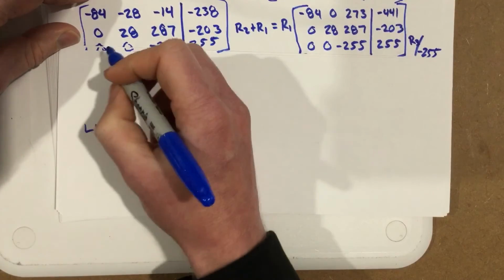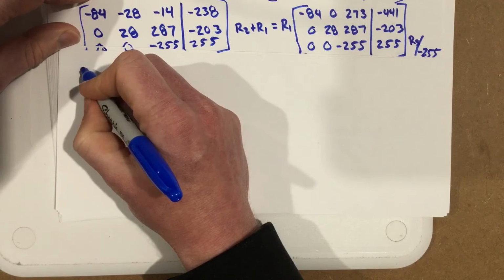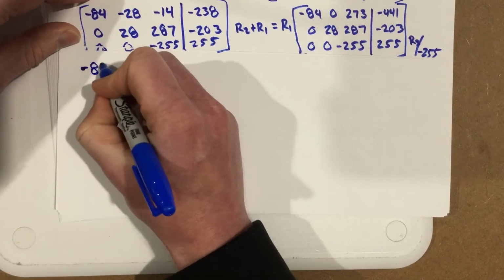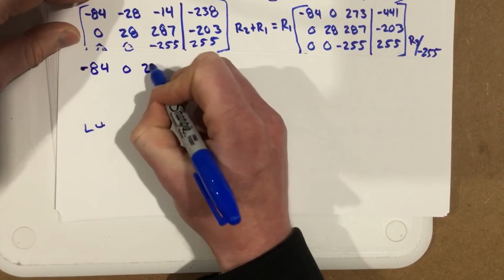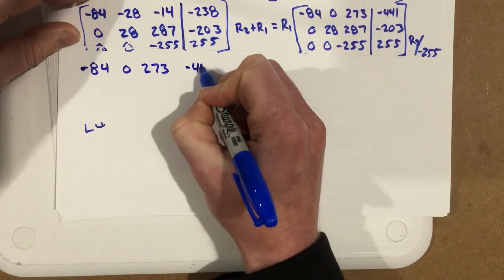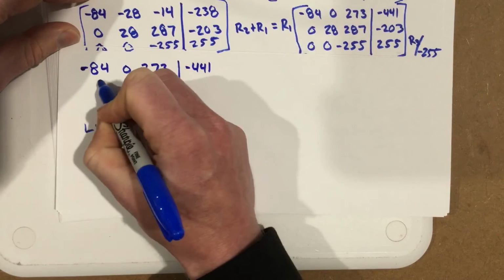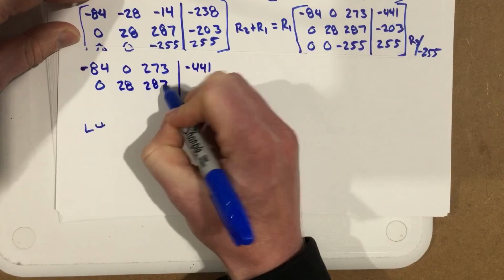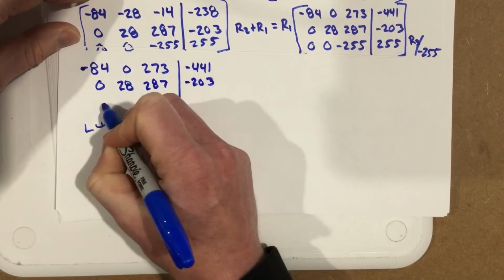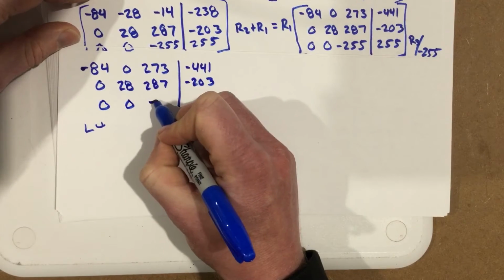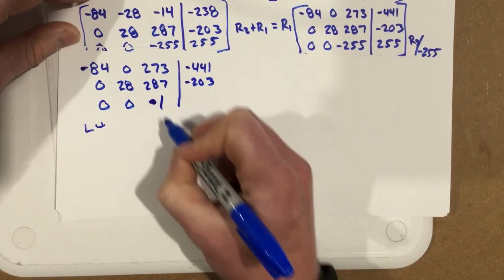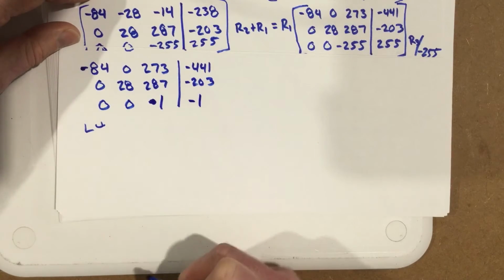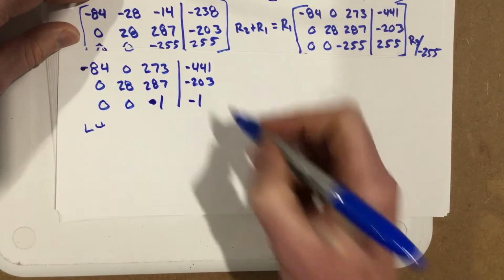That gives me negative 84, 0, 273, negative 441, 0, 28, 287, negative 203, 0, 0, 1. I'm dividing by negative 255, so 1, and this is negative 1. Yeah, this is a positive 1 here.